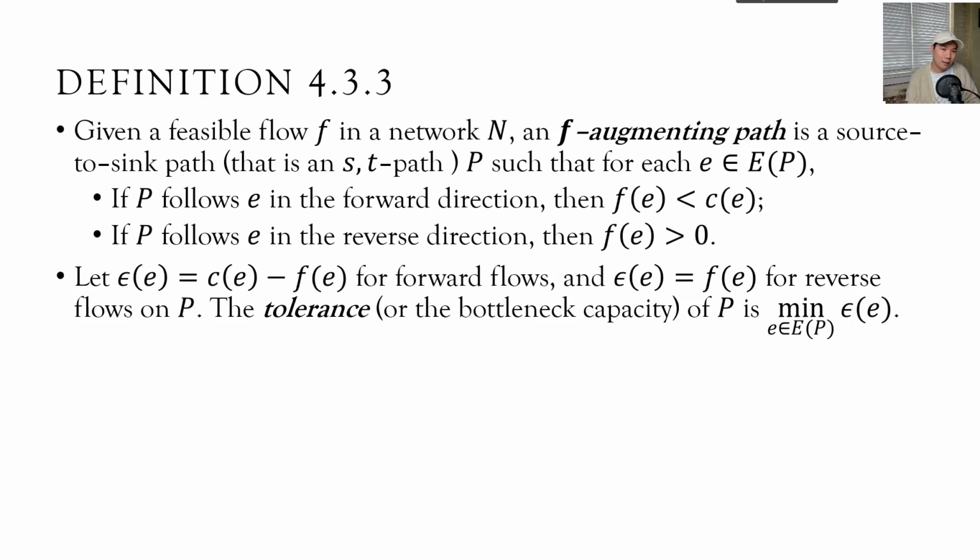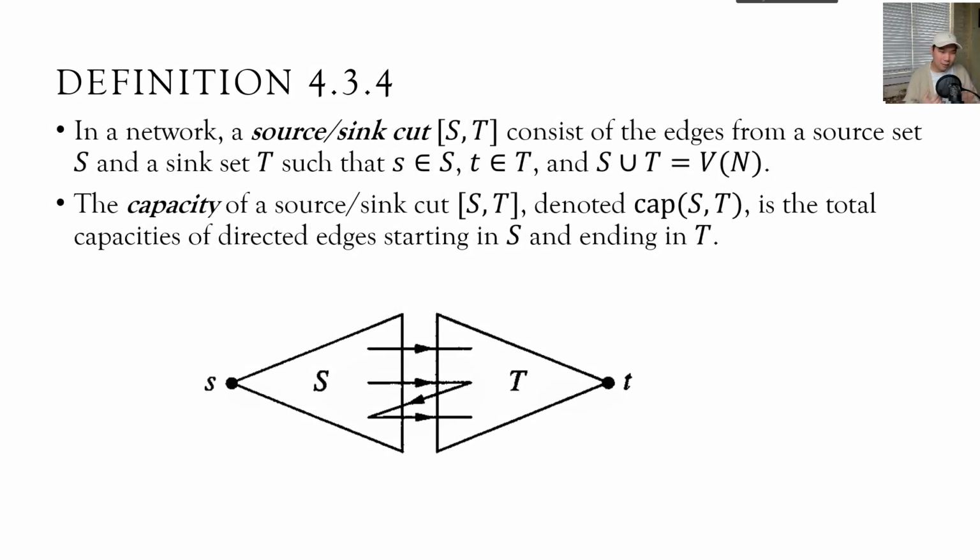So the next definition I'll introduce, again, before we can really start getting into these examples, is a quick source sink cut. Remember in 4.1 we introduced an edge cut. Here, a source sink cut. Here we use the notation S, T. This consists of the edges from a source set S and a sink set T, such that my source is in my source set, my sink is in my sink set, and whenever I union S and T, I get all of the vertices of my network.